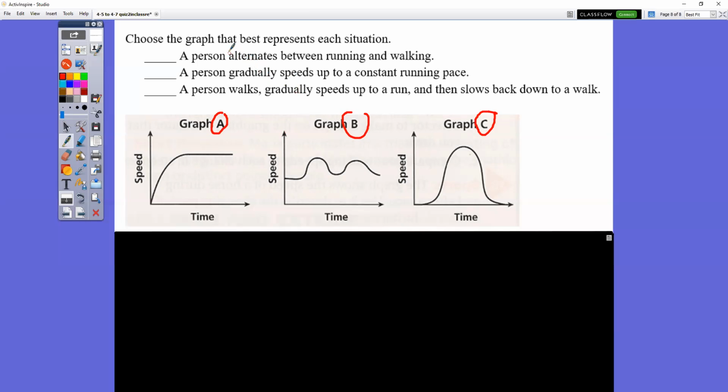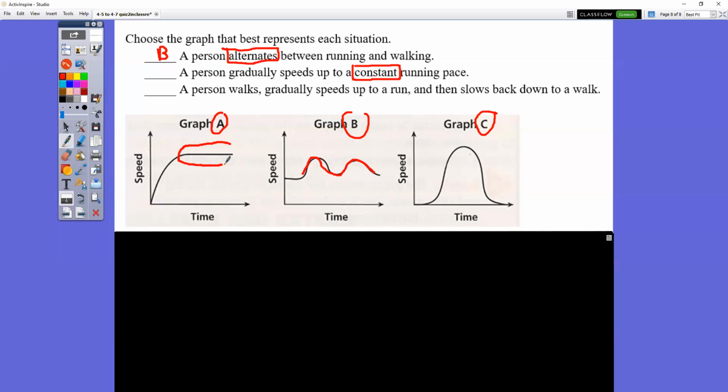So when you take a look at your answer or questions here, a person alternates between running and walking. So that means it's going to go up and then down, up and then down. The graph that goes up and then down is graph B. A person gradually speeds up to a constant running pace. A constant pace is not going to change.